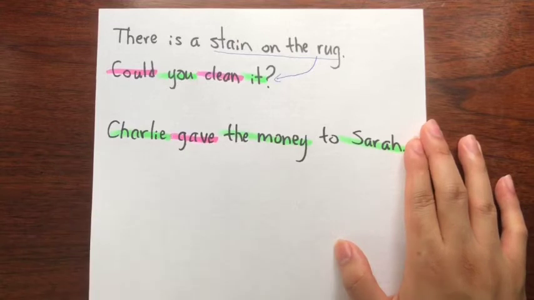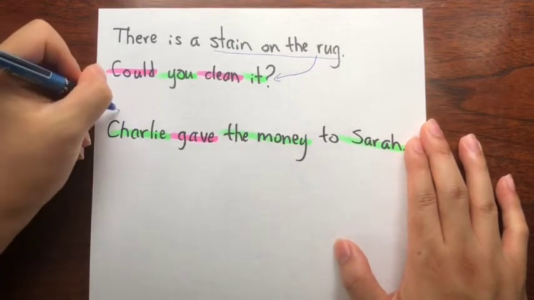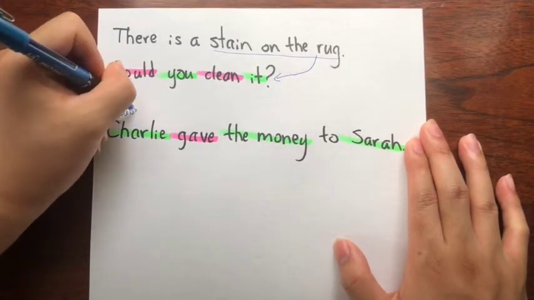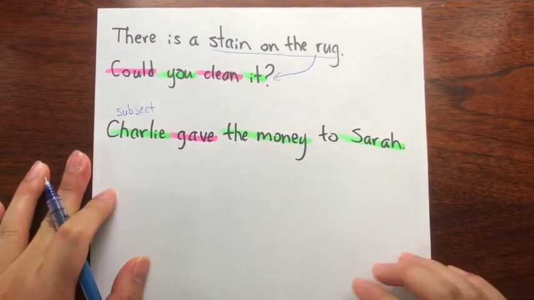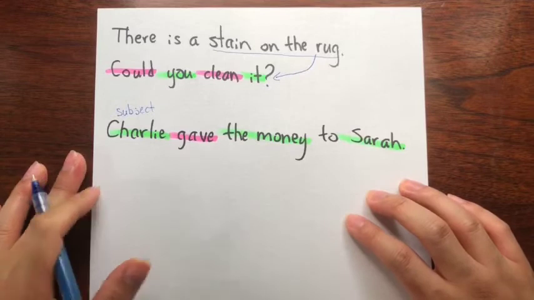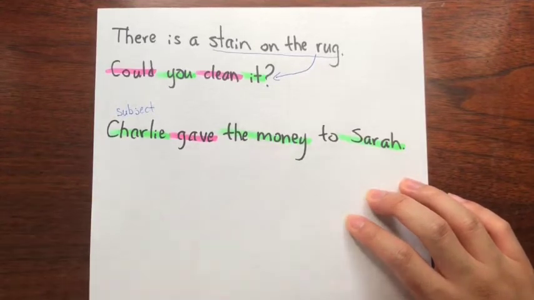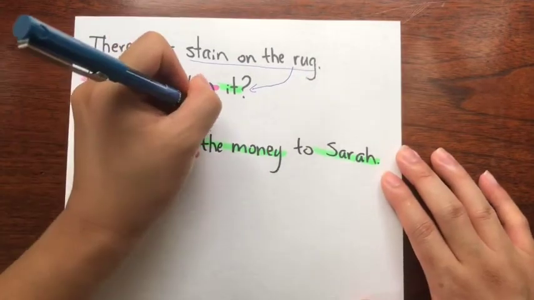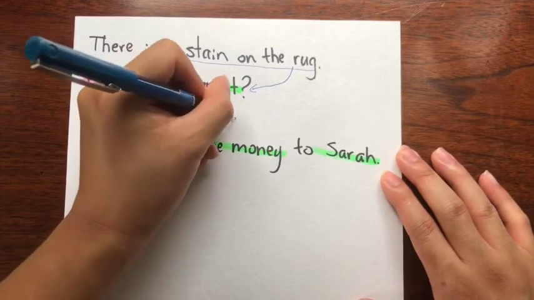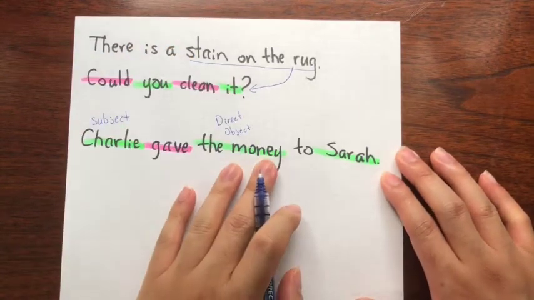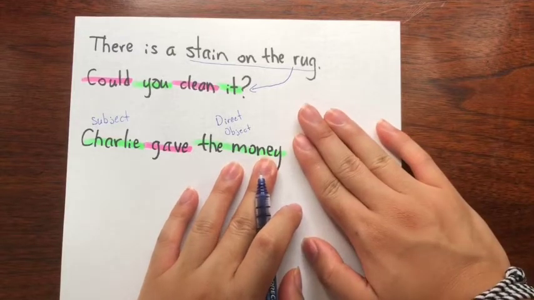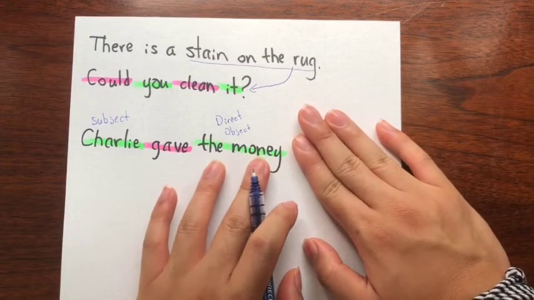What's the subject? The subject is Charlie. Charlie gave what? Charlie gave the money. So the money is the direct object because the money answers the what question. What did Charlie give? Charlie gave the money.